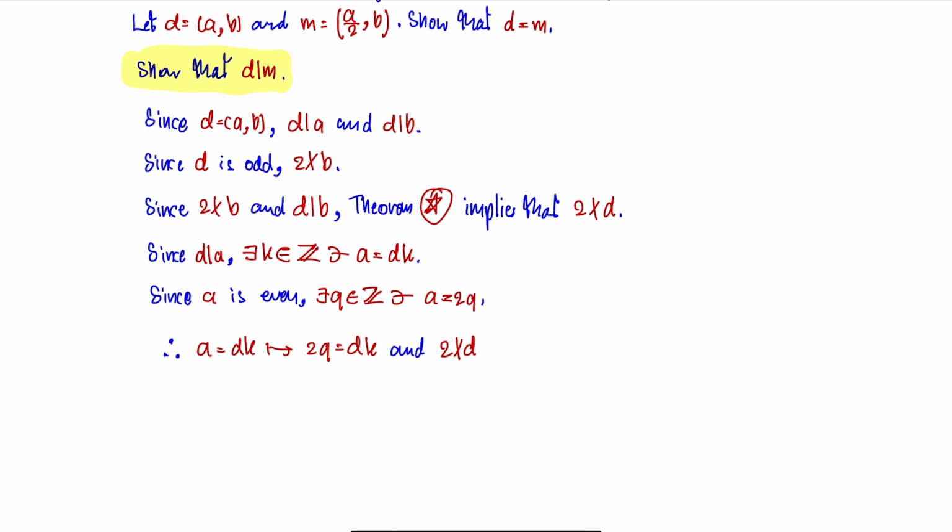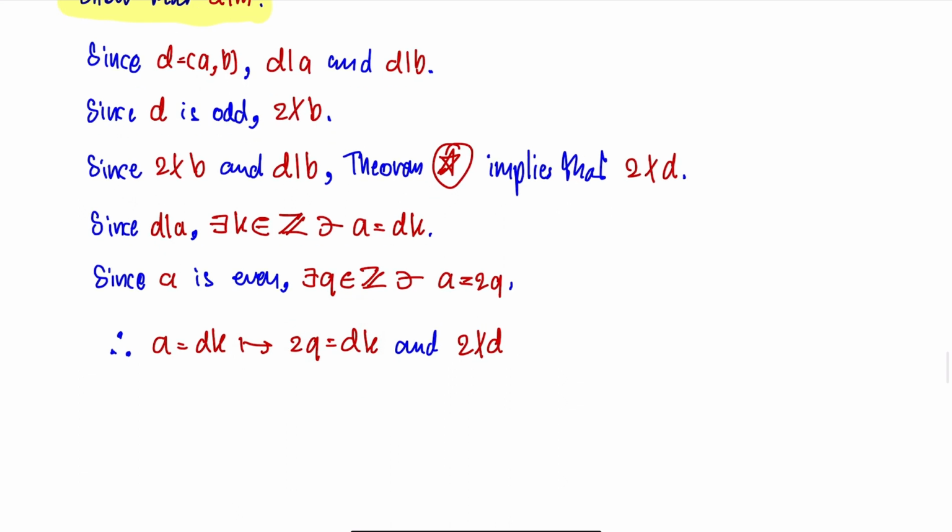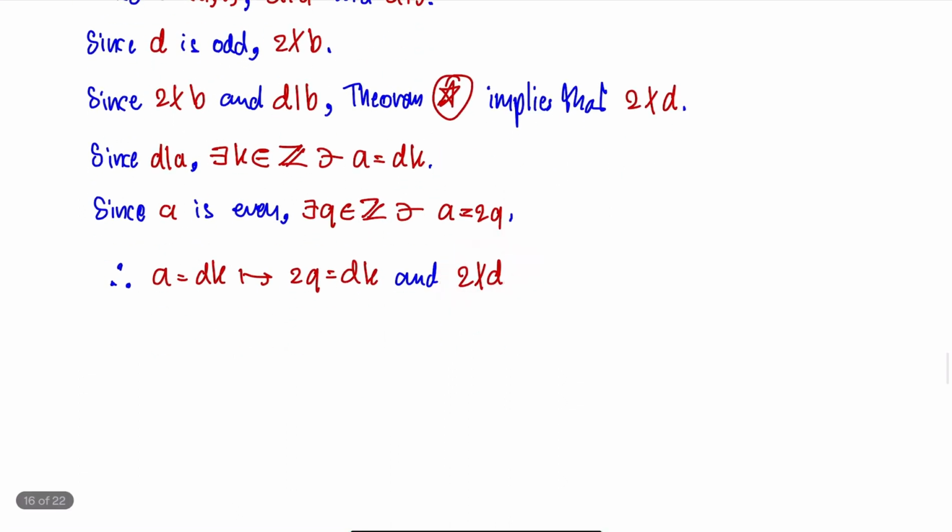We have 2q equals dk and 2 does not divide d. That means that d is not a multiple of 2. Is that right? So now we just know that 2 does not divide d.